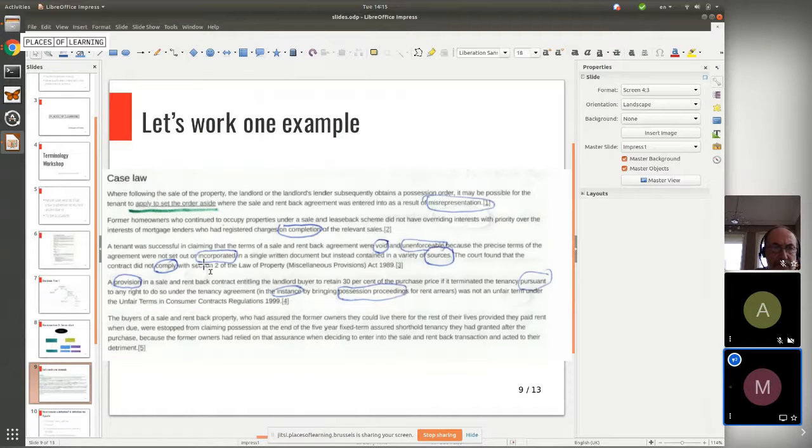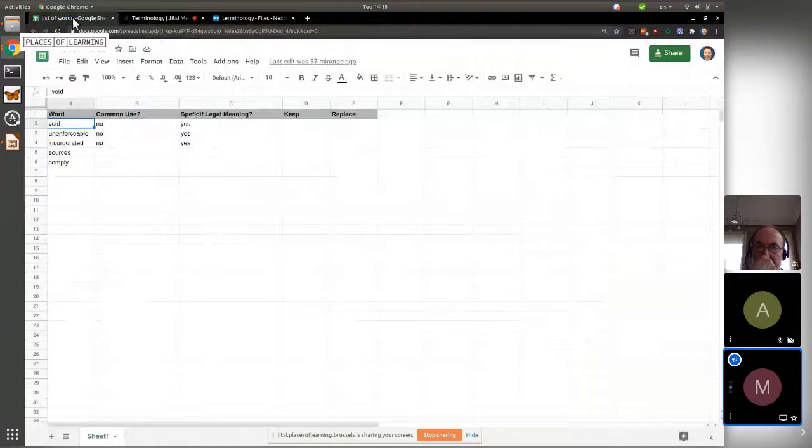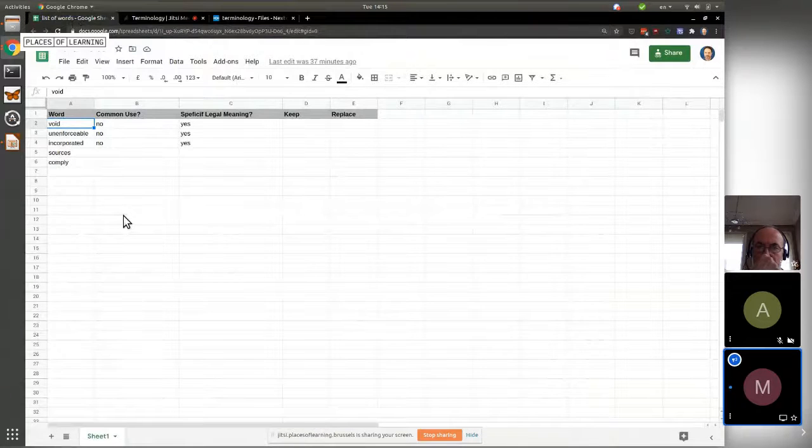So first, we start circling words. In the third paragraph, we circle 1, 2, 3, 4, 5 words. And I put them in a table. The table is just an Excel file, but you can use other tools if you want.